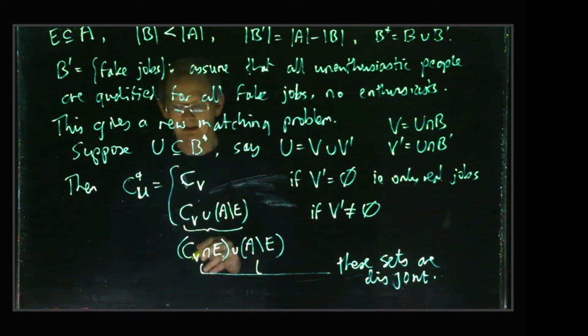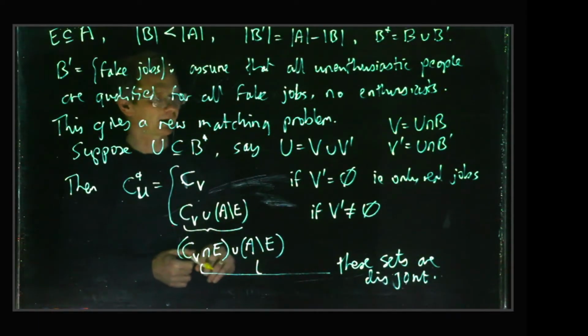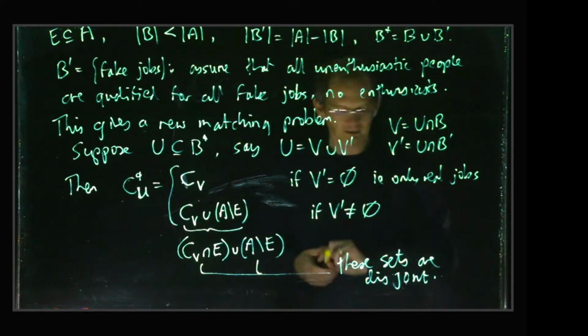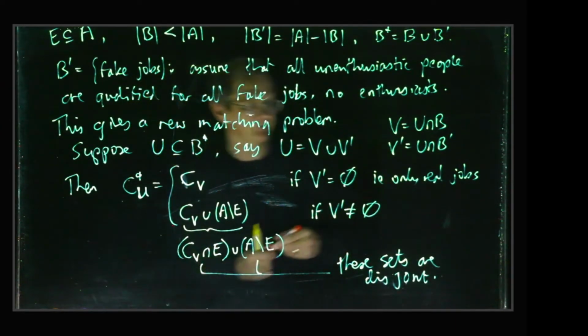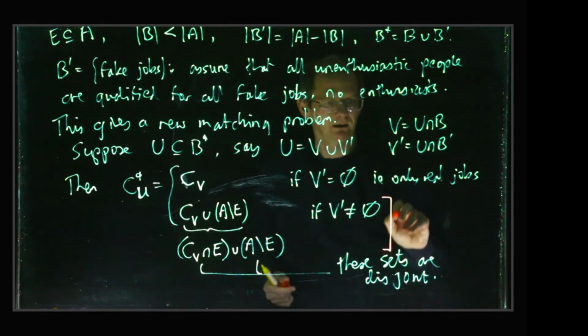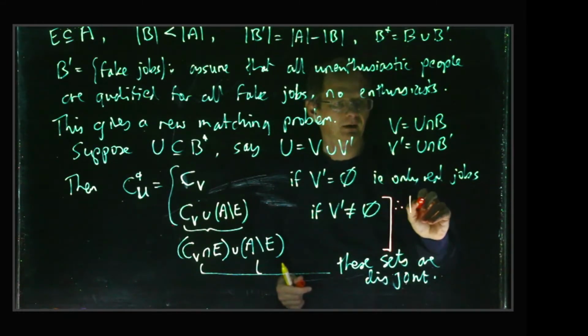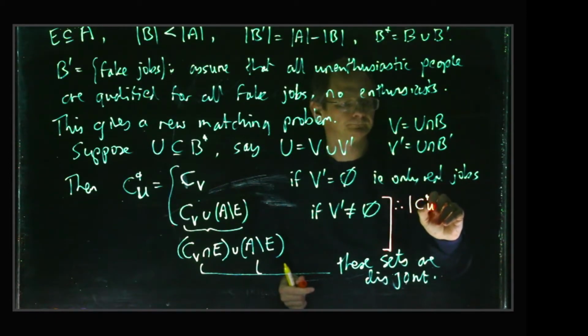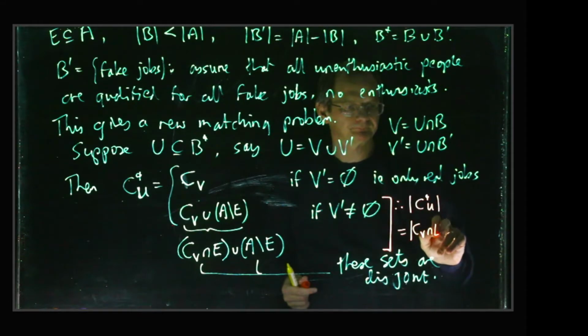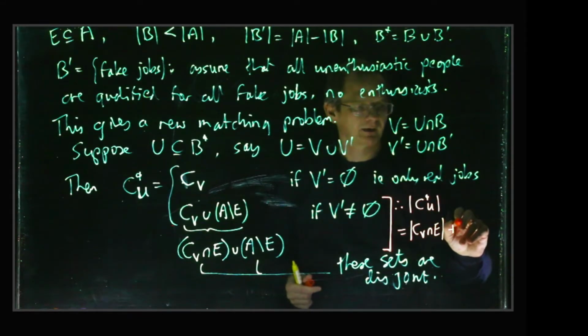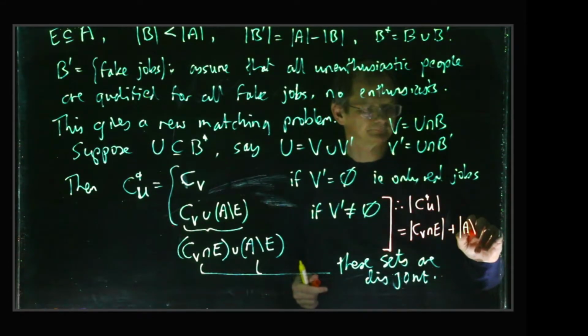Okay, so in this case, let's write this separately over here. We can say that in this case, the size of C star U is equal to the size of CV intersect E plus the size of A less E.